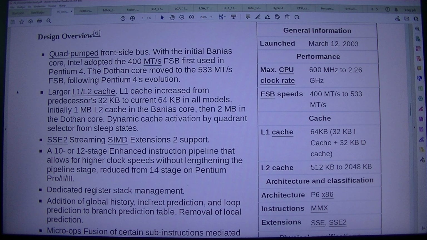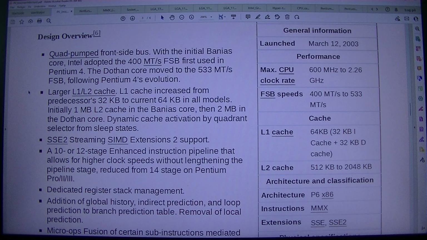L1 cache increased from its predecessor's 32 KB to 64 KB in all models. Initially 1 MB L2 cache in the Banias core, then 2 MB in the Dothan core. Dynamic cache activation by quadrant from sleep states. SSE2 streaming SIMD extensions support.